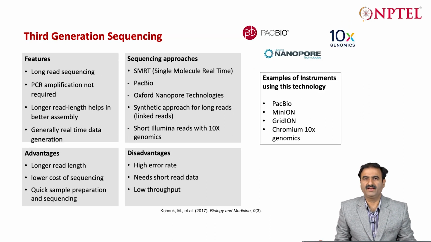That is now the third generation sequencing, which includes long reads such as PacBio or Nanopore ONT, which we have already covered, and the link reads, which are actually short reads generated by the Chromium 10x Genomics instrument. We will look at how these are generated, what the technology behind it is, and how these reads are then analyzed further.